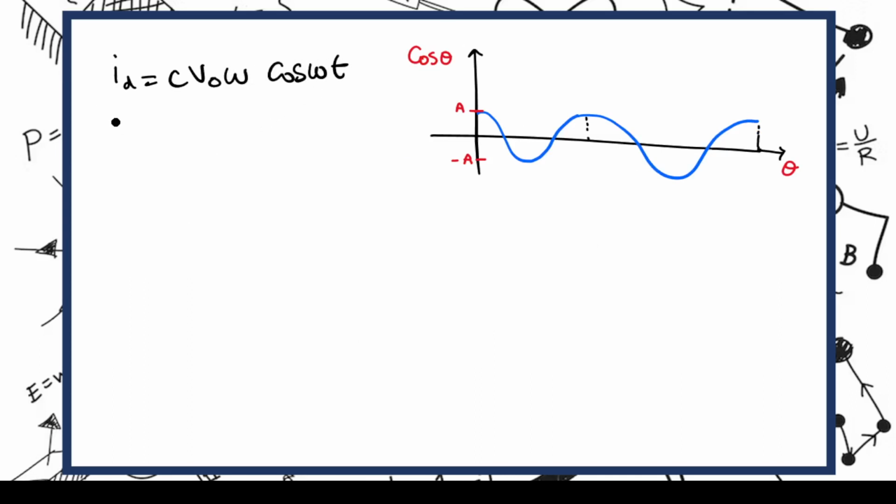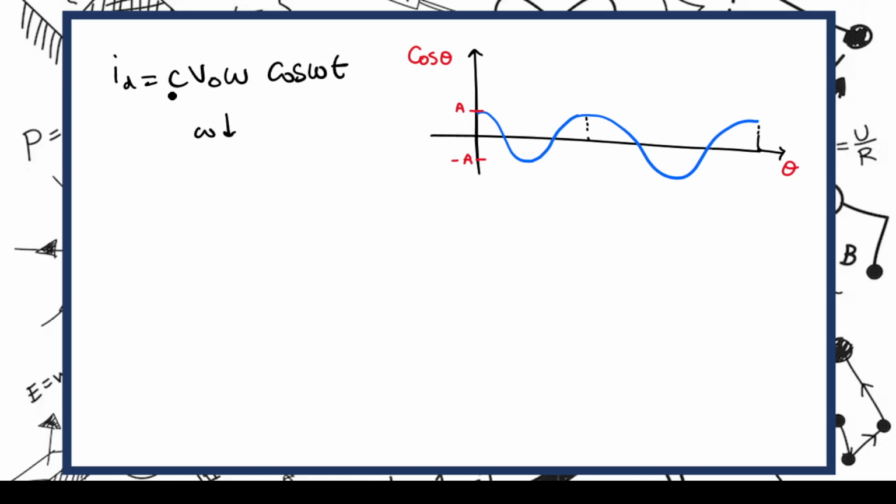Now we have to tell what happens to ID when omega decreases. Since this is a cos function, when omega decreases, the time period of the function will increase. So its graph will be like this, but no impact will be on the magnitude of this function. It assumes values between -1 and 1.